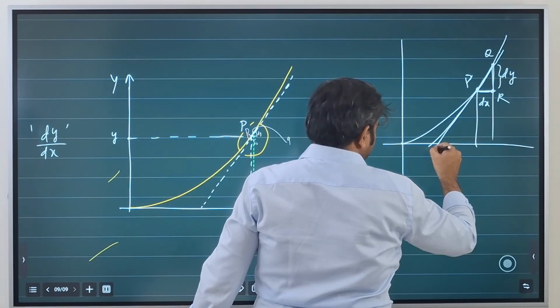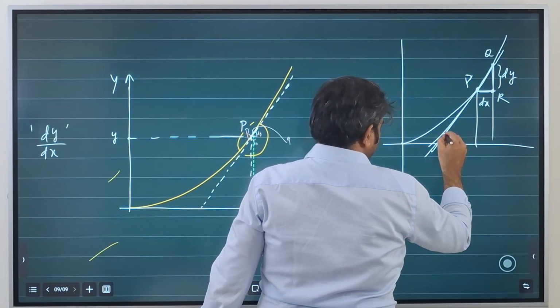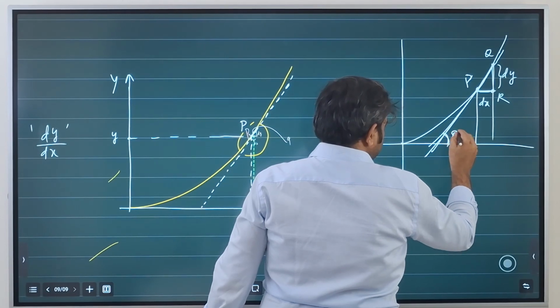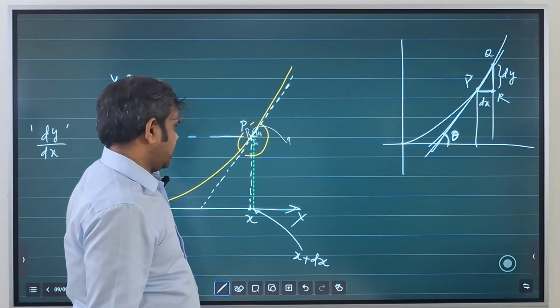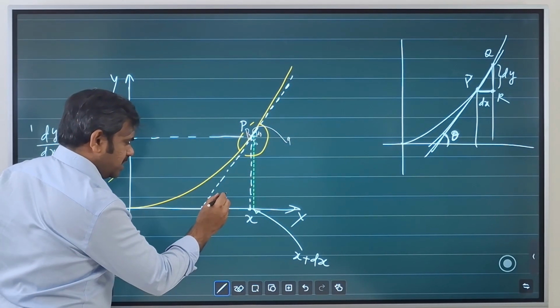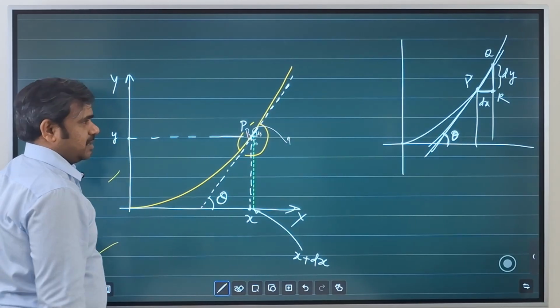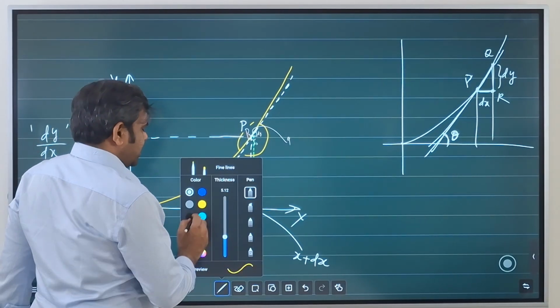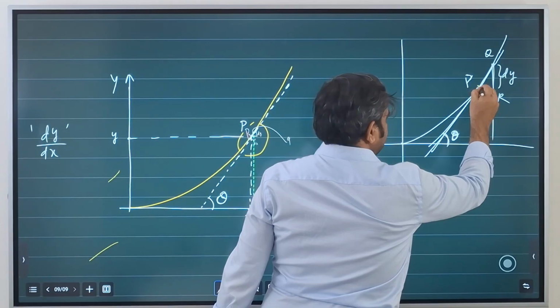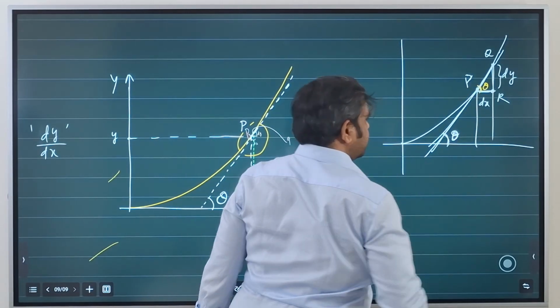If you draw a straight line passing through point P, this straight line, this tangent, makes an angle theta with the x-axis. Now look at the right angled triangle here. This angle is also equal to theta.